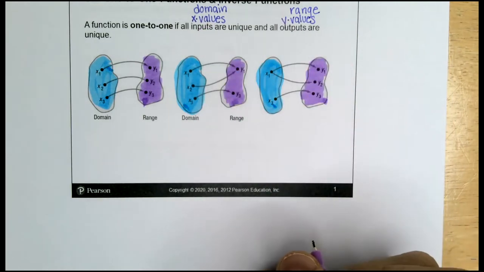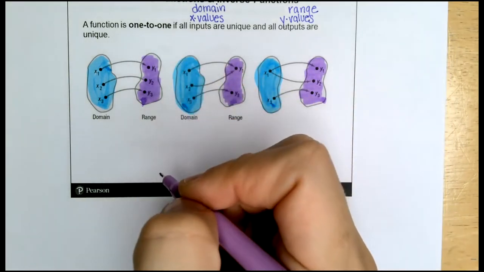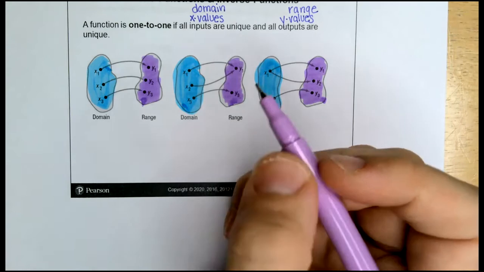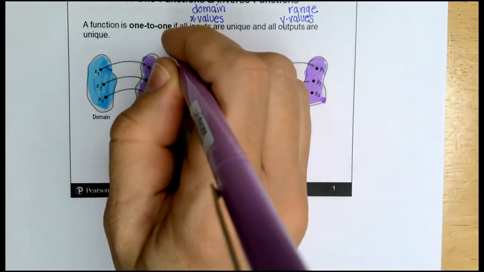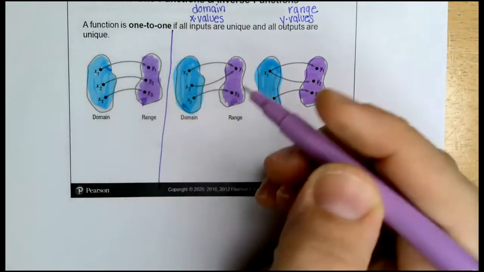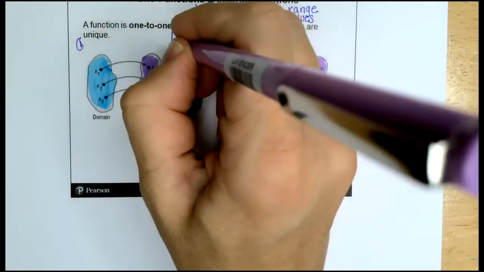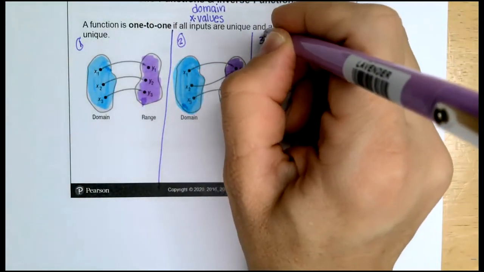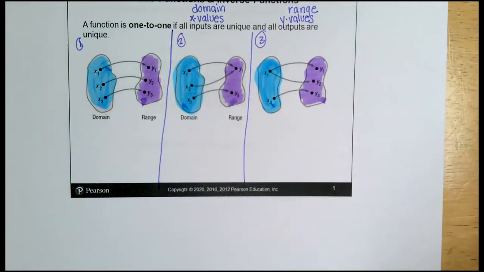Okay, so here are some maps, and we're just going to decide whether each example, here's example 1, here's 2, and here's 3, is a one-to-one function.